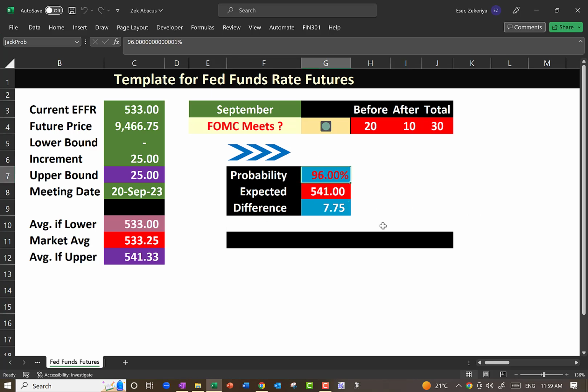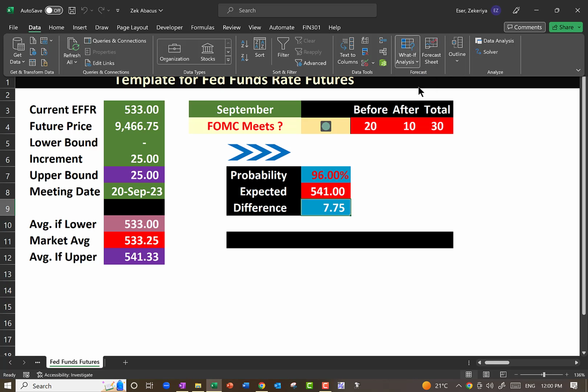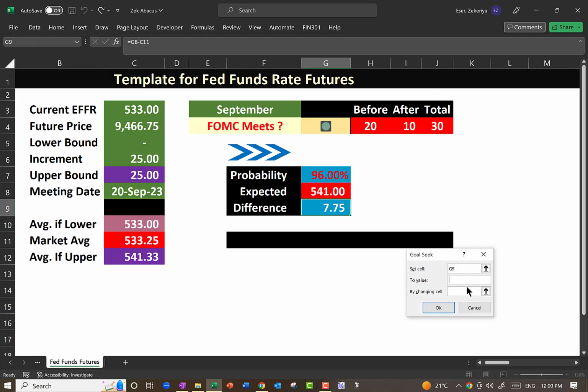All I have to do is figure out the probability that's going to make the expected same as the market average, or make this thing, the difference, 0. Okay? I can do it the old-fashioned way: data, what-if analysis, goal seek, make that equal to 0 by changing the probability.